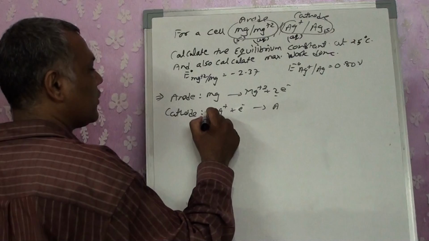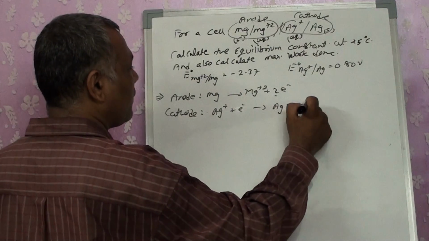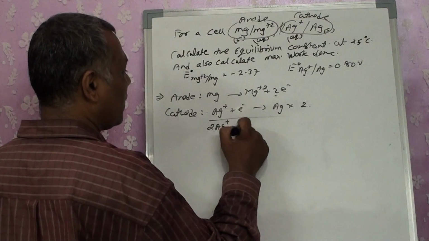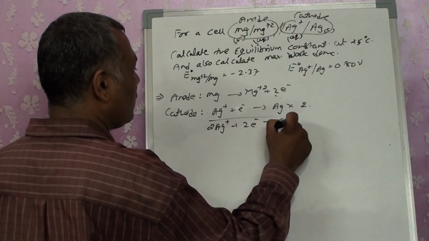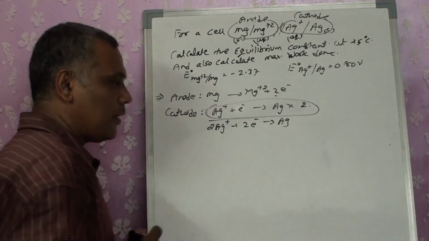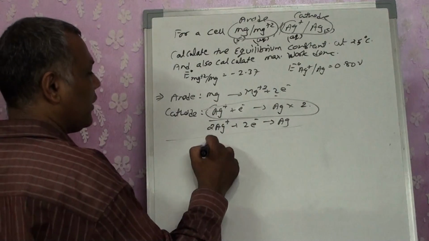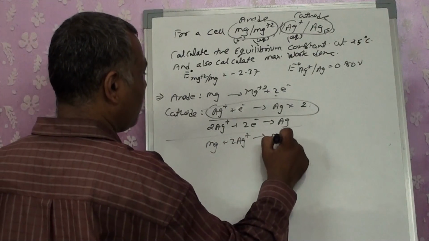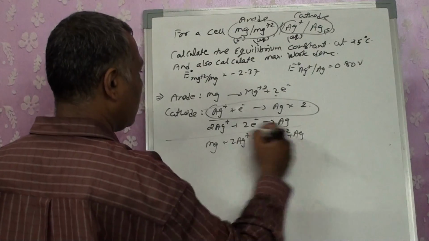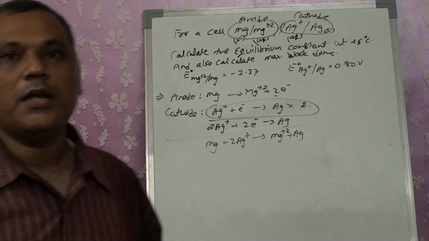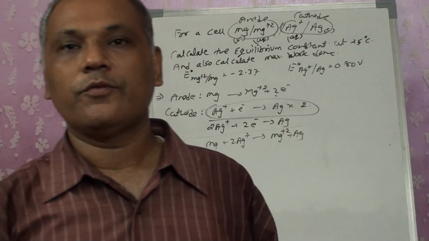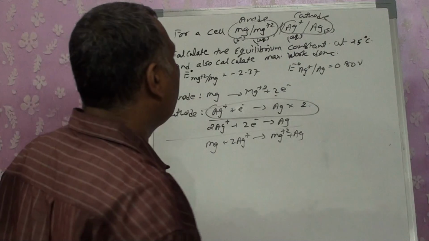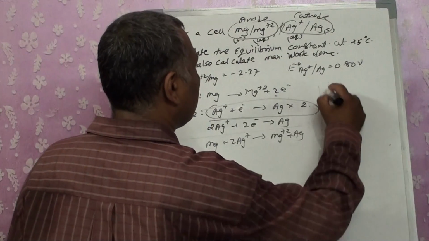To balance the reaction, we have to multiply it by 2, so 2Ag+ plus 2e gets converted into 2Ag. The net reaction is Mg plus 2Ag+ giving Mg2+ plus 2Ag. This is a must-required condition; we should always write the reactions that are required.